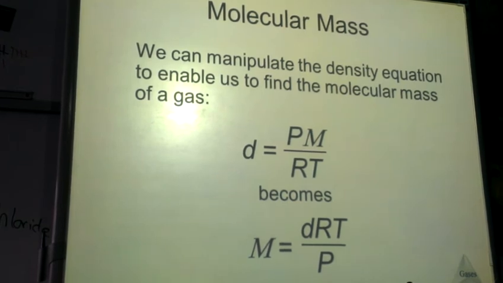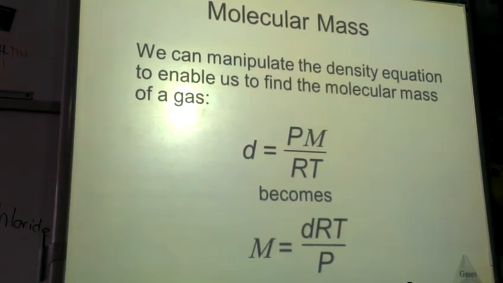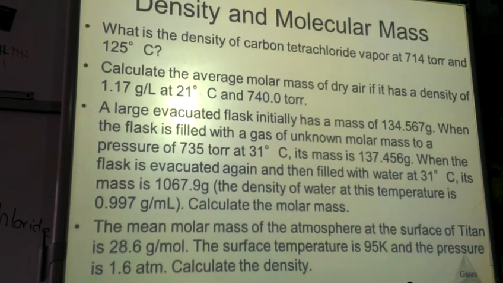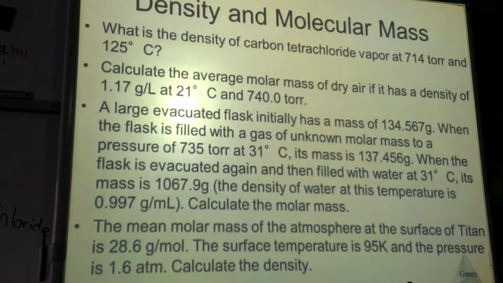Okay, we can also manipulate density. Let's say I don't ask you to find density, but I ask you to find the molecular mass of a gas. If I rearrange that, I get molecular mass equals the density times the gas constant times temperature over P, or I like to think of it as dirt over P. So if you want to find molecular mass, it's dirt over P. Guys, these problems are just you utilizing density equals PM over RT, as well as the molecular mass one we just did, dirt over P. You've done this today in your POGL.